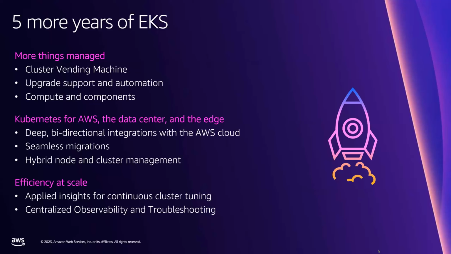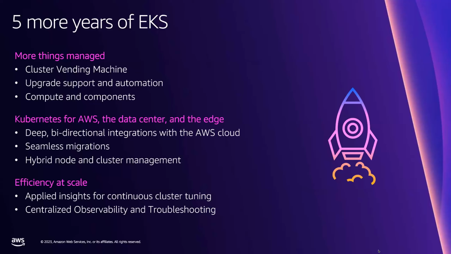And also Kubernetes everywhere. So the second thing is we not only provide it in the cloud, right? We'll also provide EKS Anywhere to run Kubernetes on your hardware in your data center. And also provide EKS on Outposts, which is AWS managed hardware in your data center.